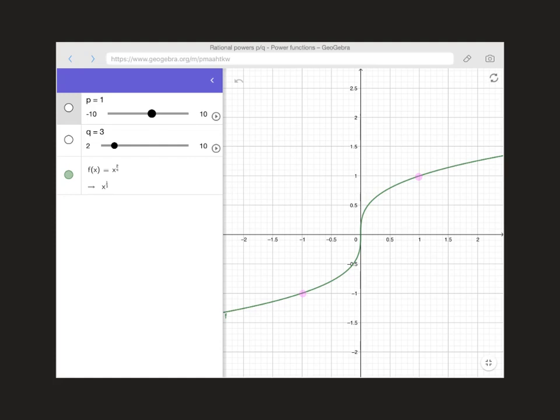So here we go. This is x to the power of 1/3, 2/3, 3/3, 4/3, 5/3, 6/3, 7/3, 8/3, 9/3, 10/3.